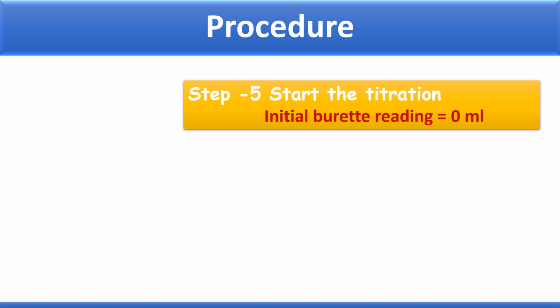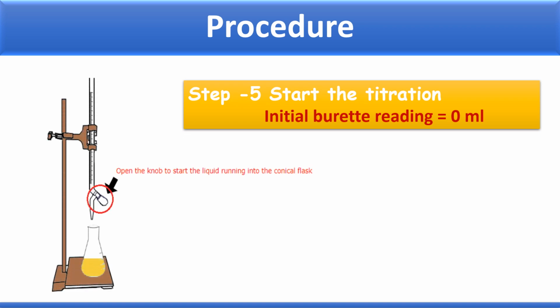Now step 5, start the titration. We already filled the burette with the hypo solution, and in the conical flask we have already mixed the copper sulfate with the potassium iodide and the H2SO4 solution.